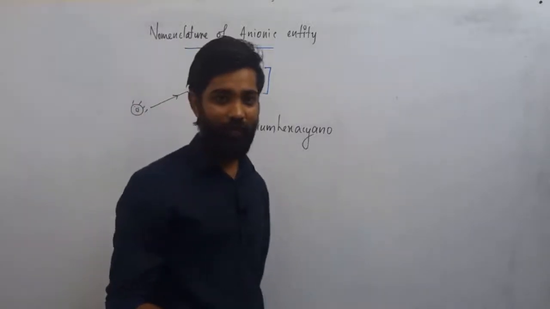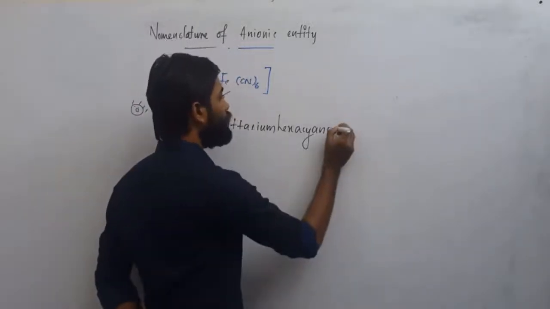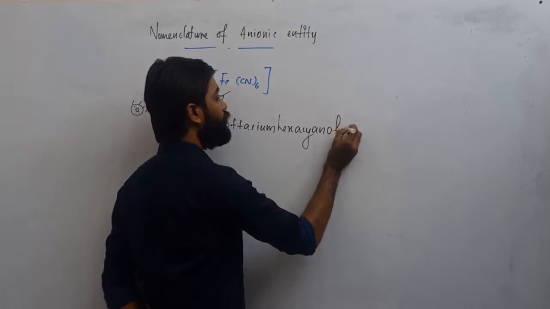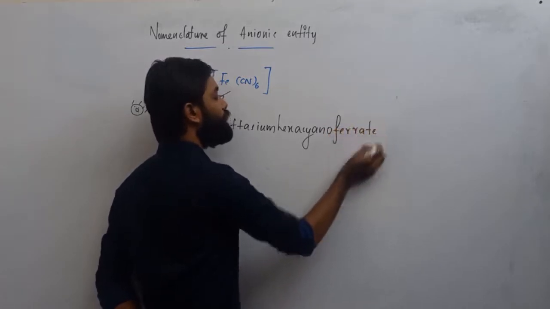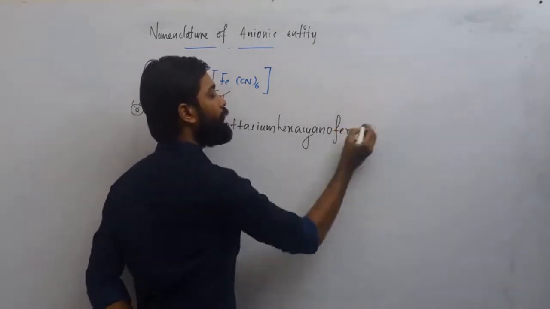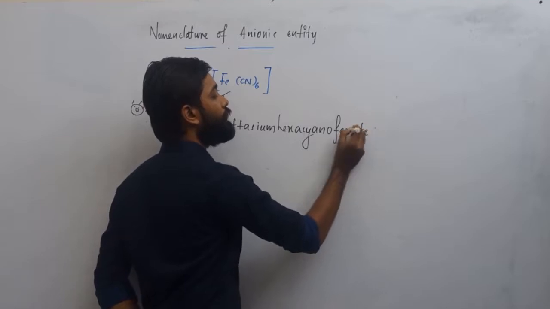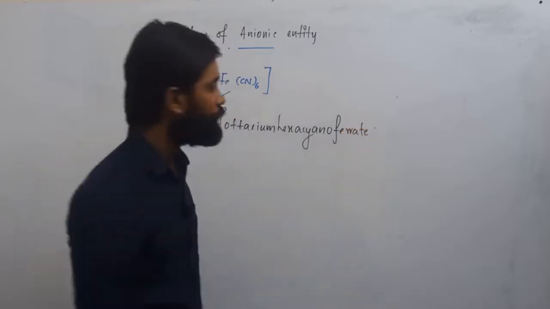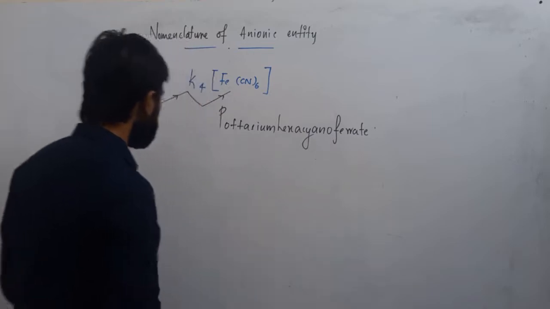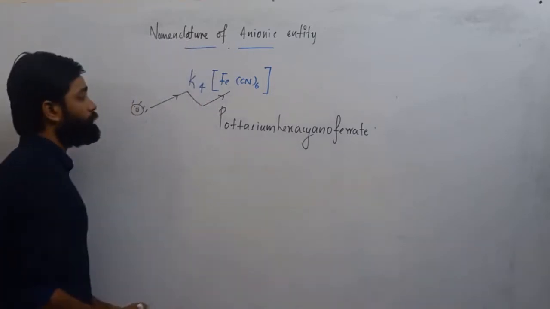Hexacyano, followed by the central metal. Here the central metal is iron, but you have to write it as ferrate. And what about the Stock valency?